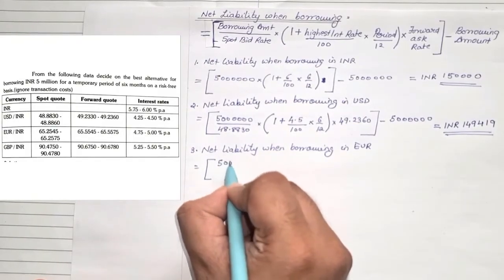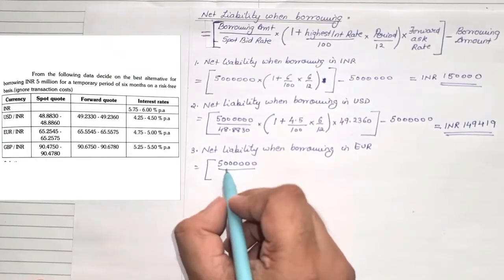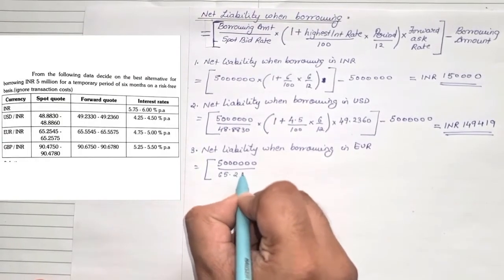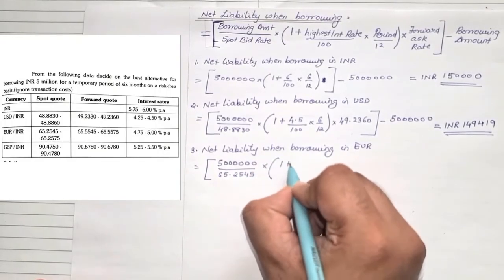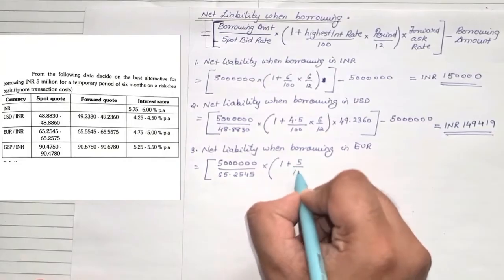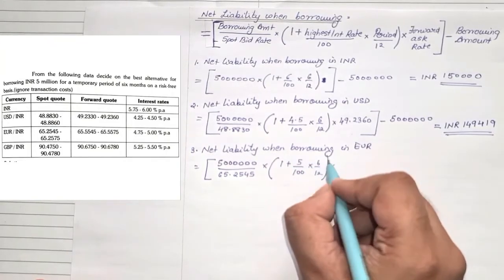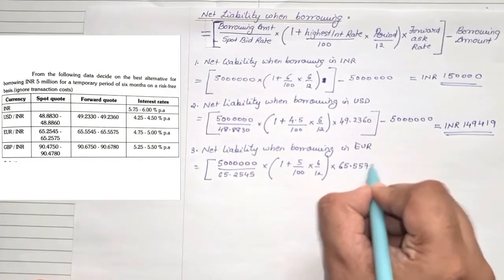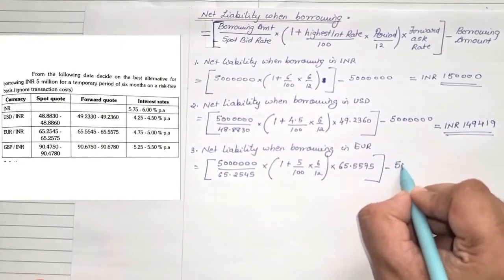We have 50 lakhs upon the spot bid rate, which is 65.2545, into 1 plus the highest interest rate, which is 5%, into 6 by 12, into the forward ask rate, which is 65.5575, minus the borrowed amount, which is 50 lakhs.